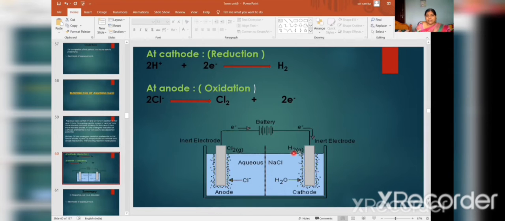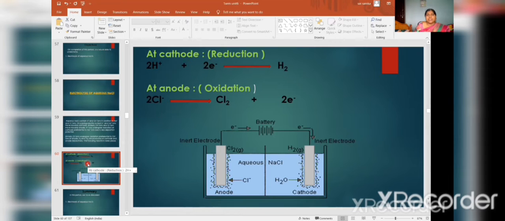Here hydrogen gas is liberating, here chlorine gas is liberating. So this is about electrolysis of aqueous NaCl.